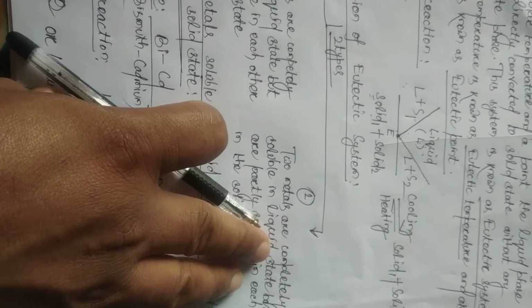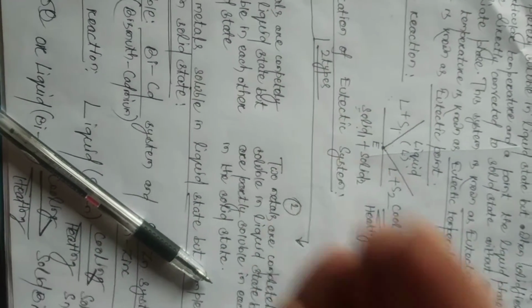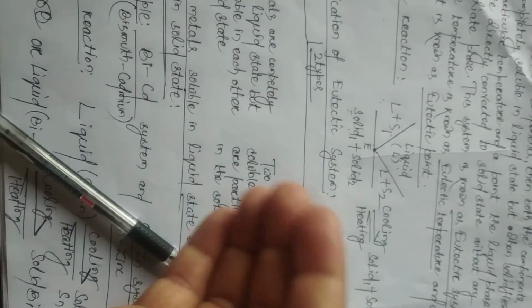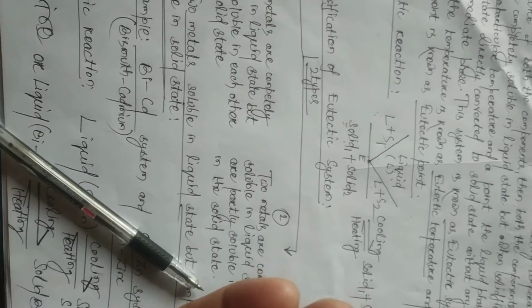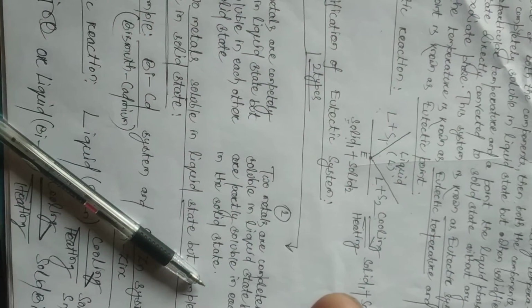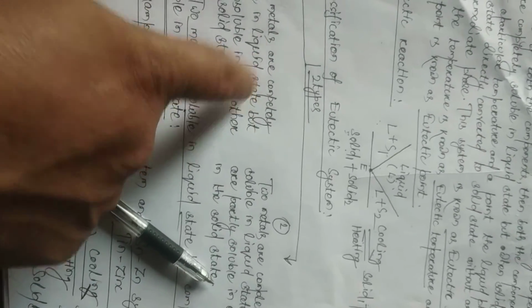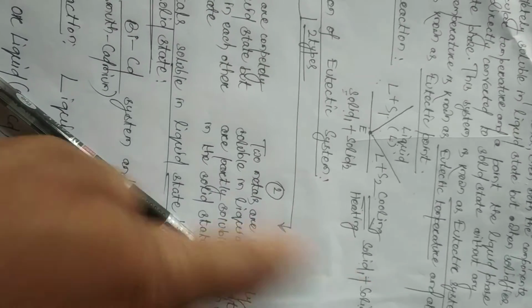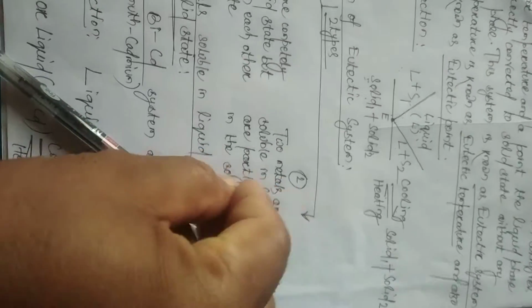That means when the liquid is cooling, during solidification we get two solids. In part 1, these two solids are not soluble in the solid state, but in part 2, the two solids are partially soluble in the solid state.